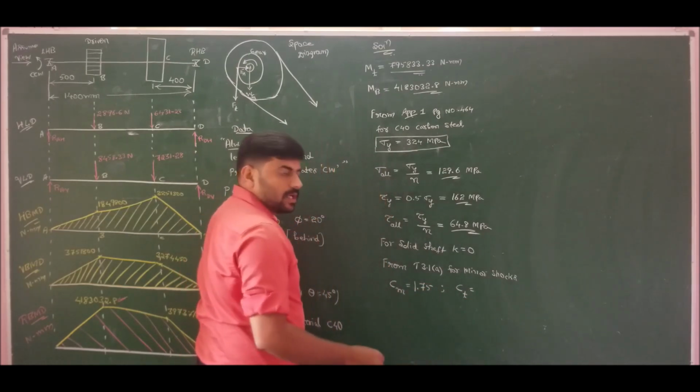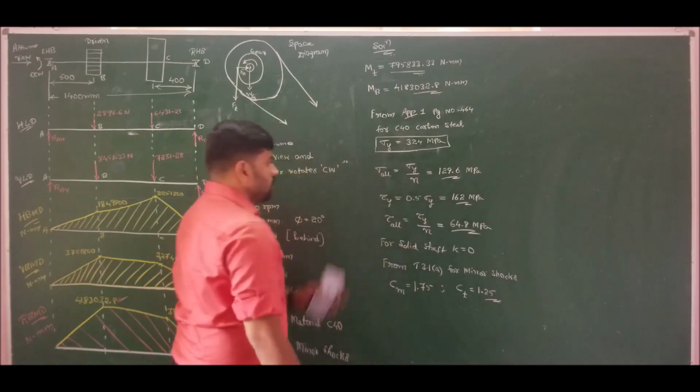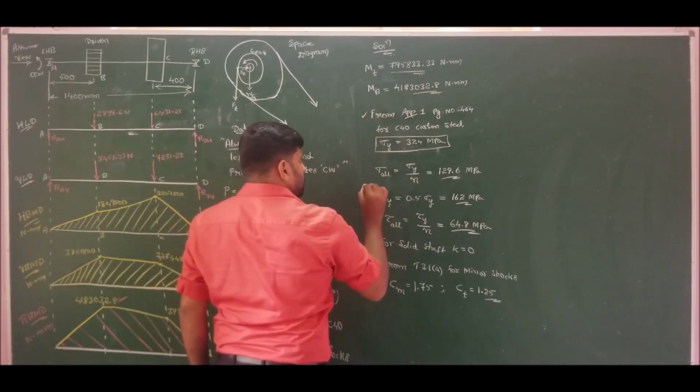Ct varies from 1 to 1.5, therefore I should take it as 1.25 average values. So we know all the values that are prerequisites to determine the diameter.